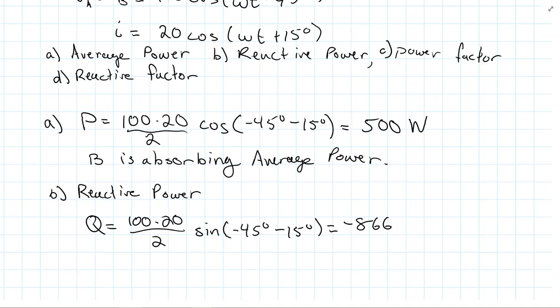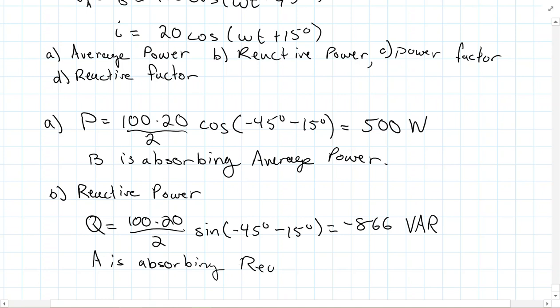We want to be able to distinguish, even just by looking at the units, what we're talking about. And so we call these VAR, and the unit VAR is volt amp reactive. A volt times an amp, which we know is watts, but we write it as volt amps with an R for reactive, because that tells me that this is reactive power. And since it's negative, that means A is absorbing reactive power.